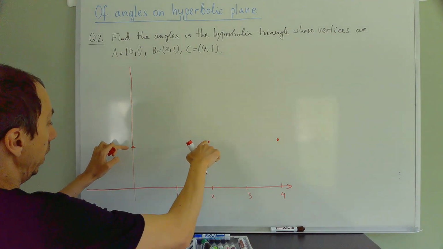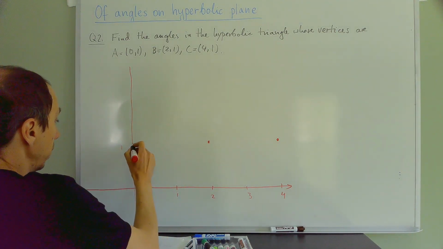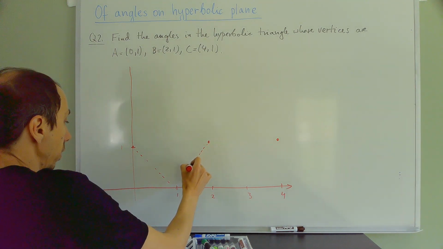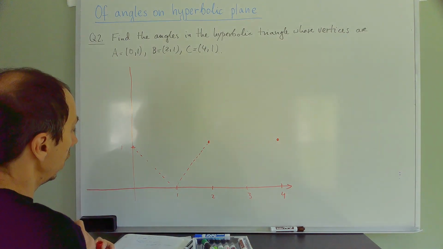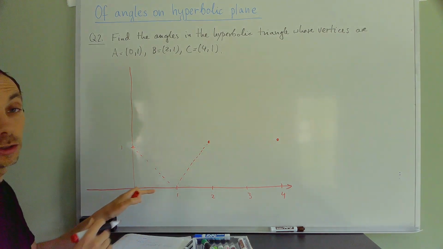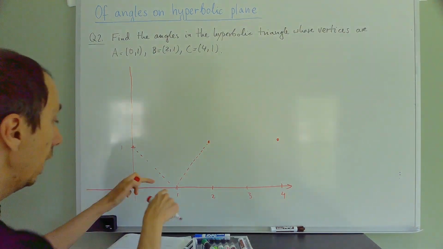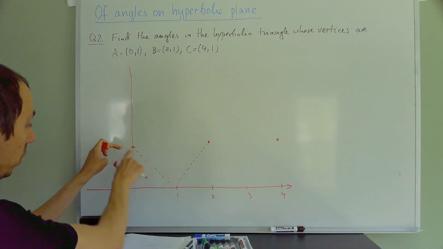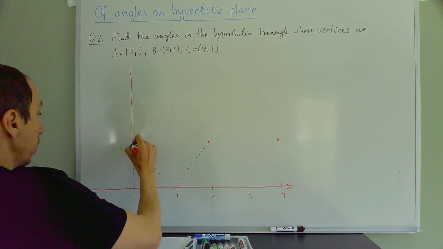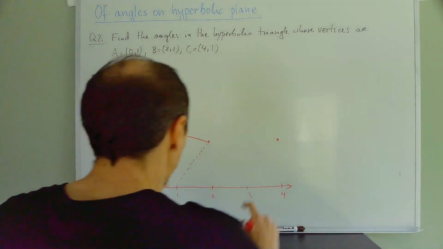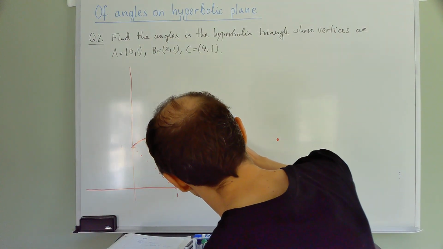Well, I have to find the geodesic between these two points, and since the points are not on top of each other, it's going to be a circle centered somewhere on the x-axis that goes through both of these points. I know it has to be centered at 1, so its distance from this point is the same as the distance from that point. Similarly between these two.